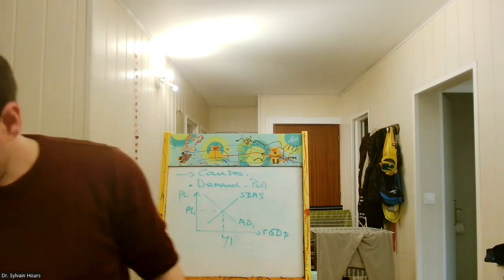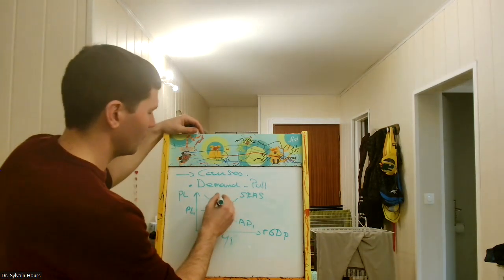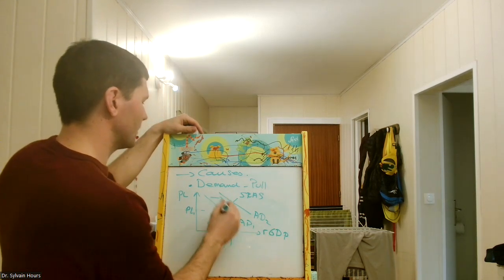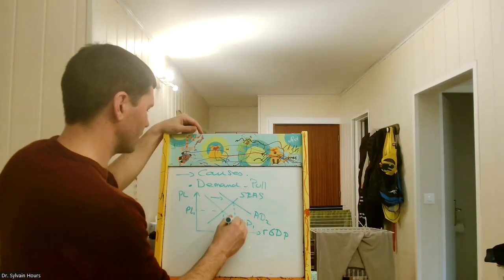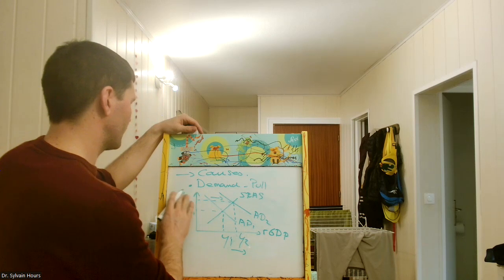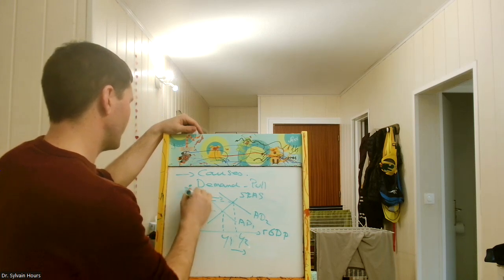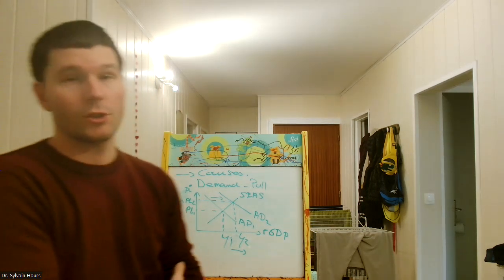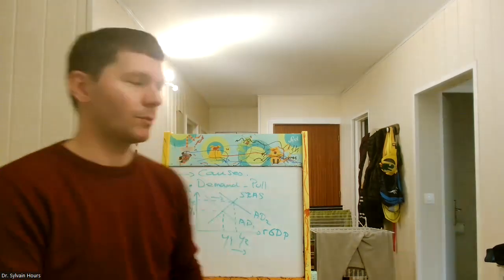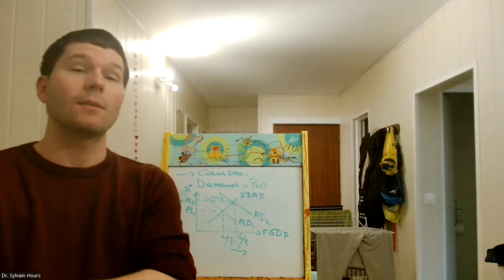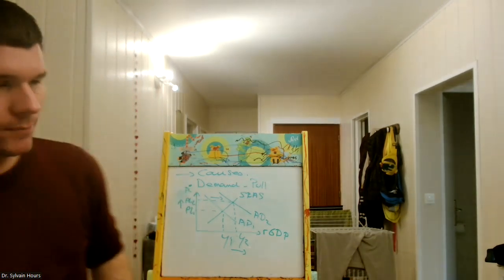And if you have an increase in AD, for example, if government spending increases, if the rate of interest decreases, there are many factors that can cause an increase in AD. AD is going to shift to the right. And you see that the price level is going to increase. Okay? An increase in the price level is precisely what we call inflation. That's it. Don't forget to give a few examples of what can cause an increase in AD, just like I did.